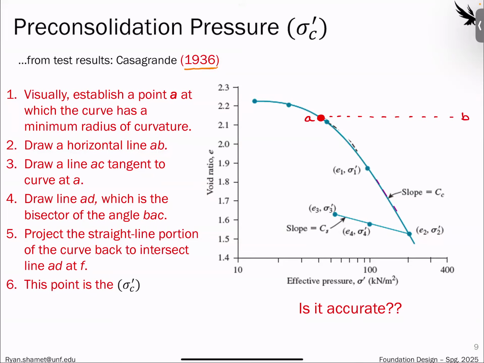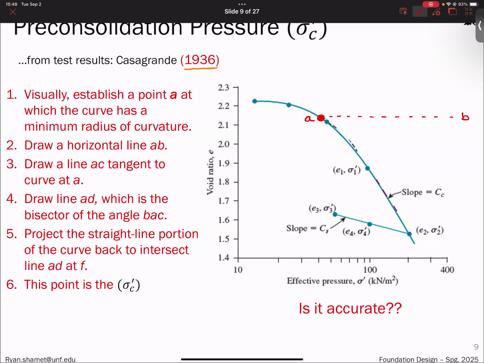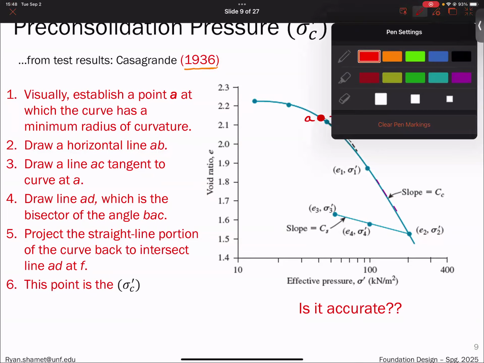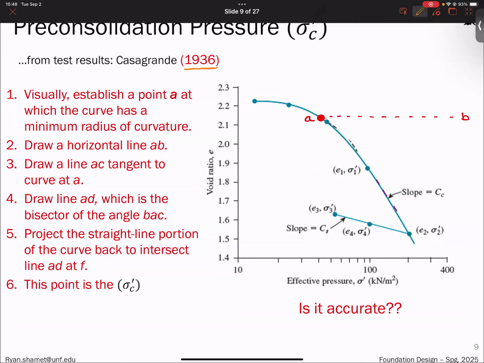So what you do now is draw a line AC. This is step 3, which lies tangent to the curve at that point A. Of course, tangent to the curve is always a weird thing because you're basically estimating how you think that point is tangent.